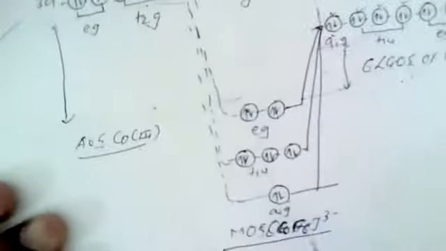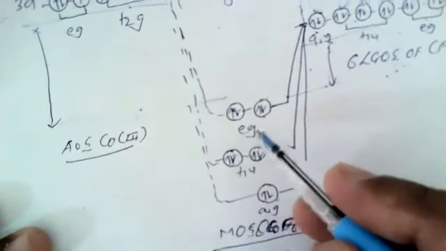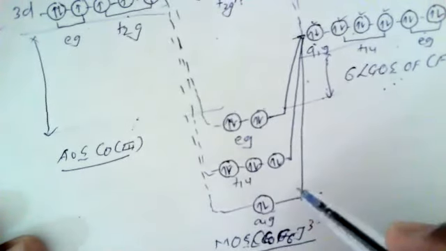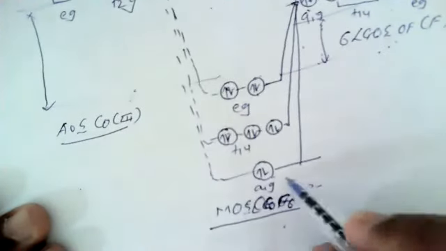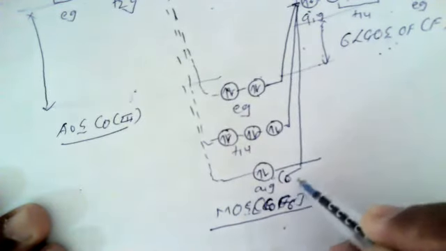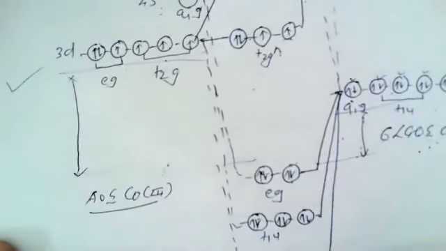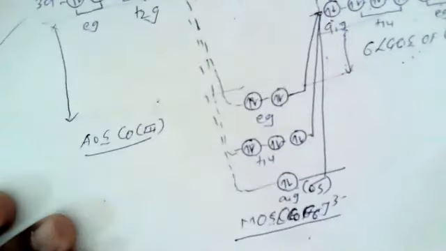Now as usual we have to label all these bonding molecular orbitals, which are responsible for forming sigma bonds. The original basic orbital is 4s, the type of bond is sigma, so we label this A1g as sigma s.